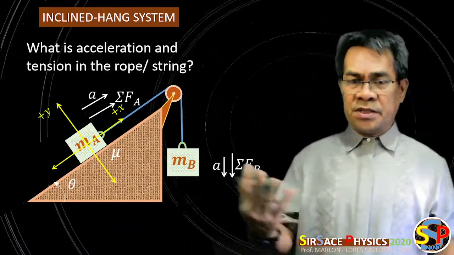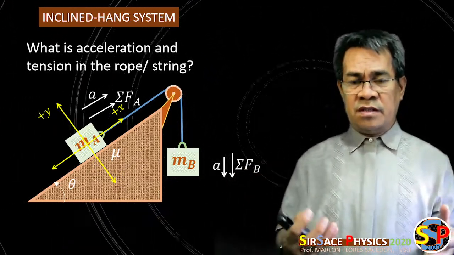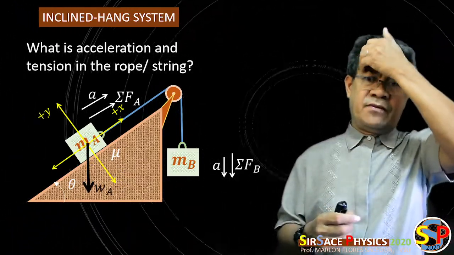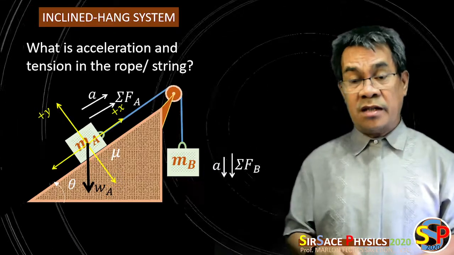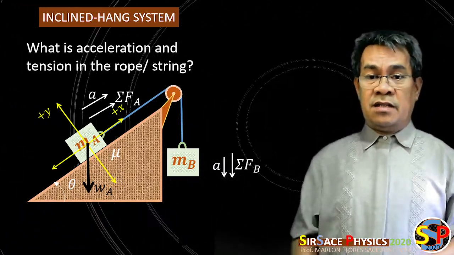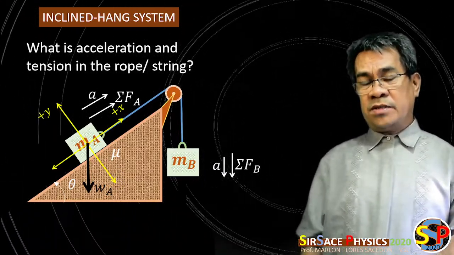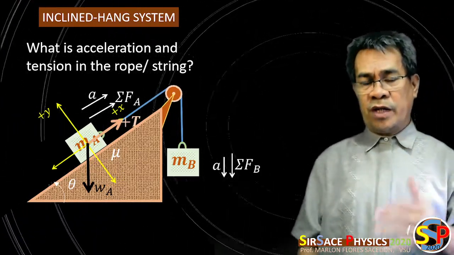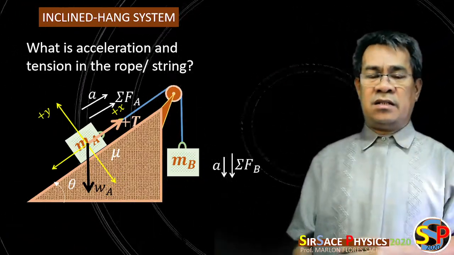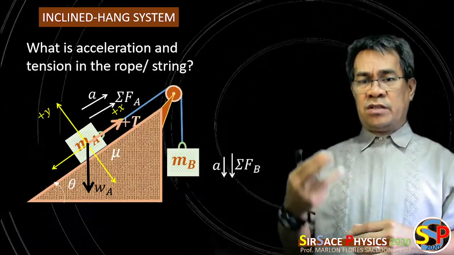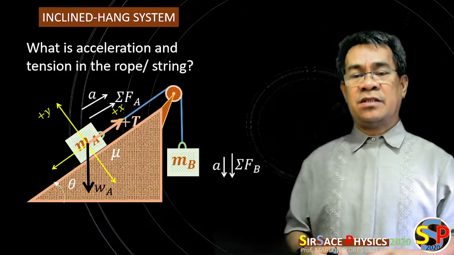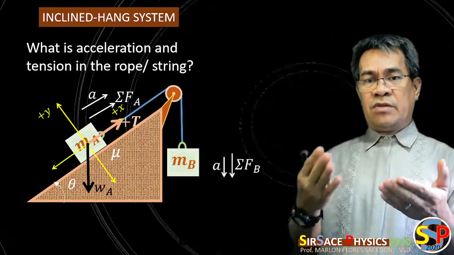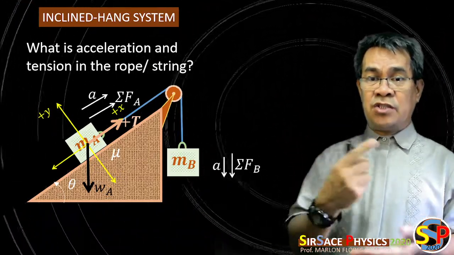Now, what are the forces on the object? Since we have the mass, we must have the gravitational force. Assign that as W sub A. Another is the contact: we have the string or rope connected to object A, and since we assume that A will move upward, there must be a force applied to A to move upward, and that is the tension in the cord.